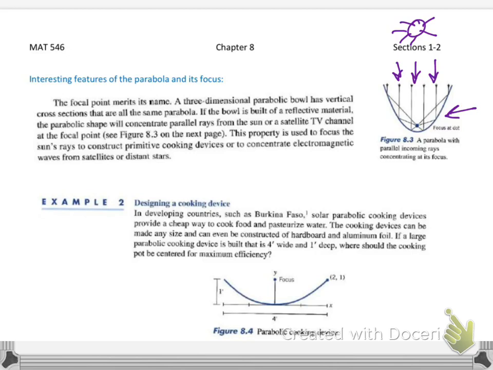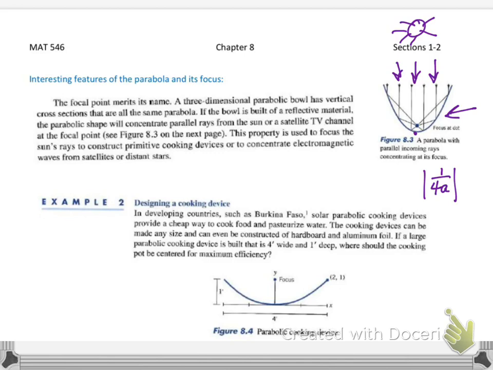Remember where that dot is located: 1/4a absolute value distance from the vertex. So the vertex would be right about here, and you can see the focus is inside the arms of the parabola. That is where all the sun's rays are concentrated.